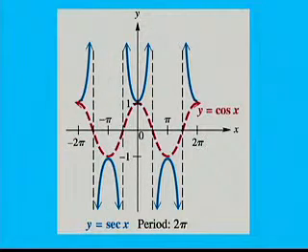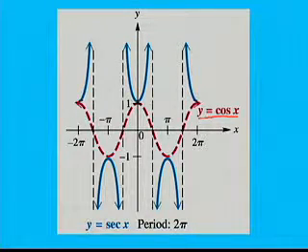Next, we'll look at y equals secant x. So this time our guide function is y equals cosine x, and that's drawn in the dashed red. And we're going to look at secant x, which follows the same basic characteristics as cosecant in the sense that it is the reciprocal of cosine.